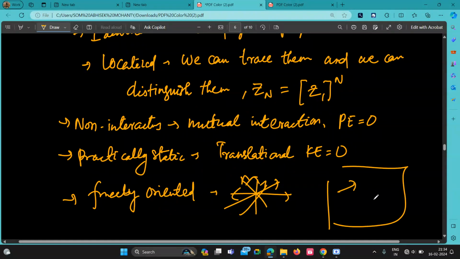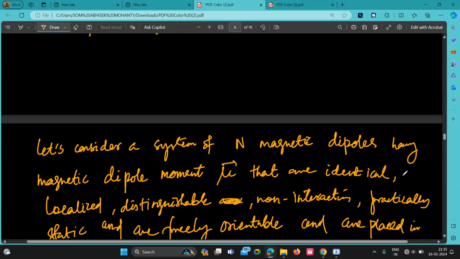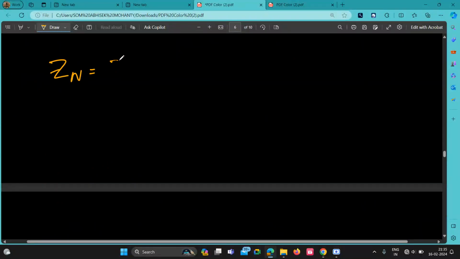So these are n number of dipoles inside this container, and your magnetic field is along z direction. Whatever we have done so far, our main objective has been to calculate the partition function. Since these are distinguishable, partition function Zn will be Z1 to the power n, so we have to find this Z1.